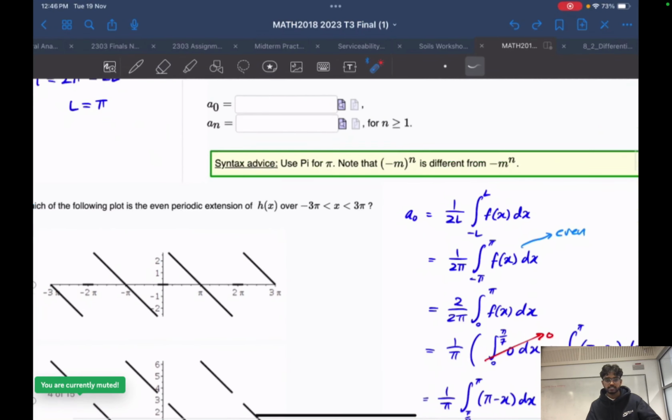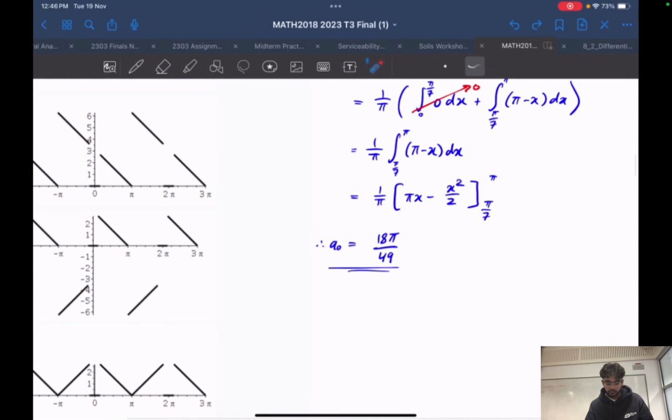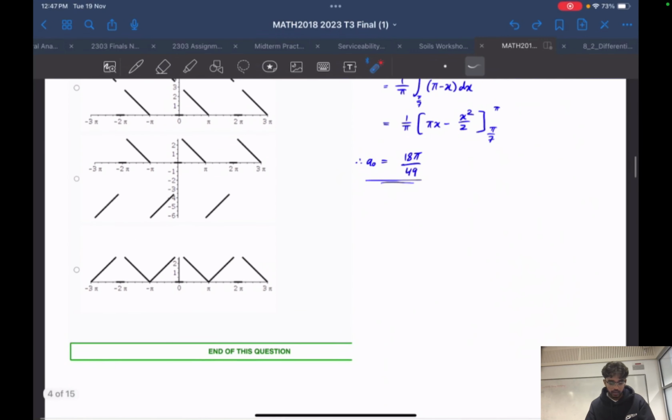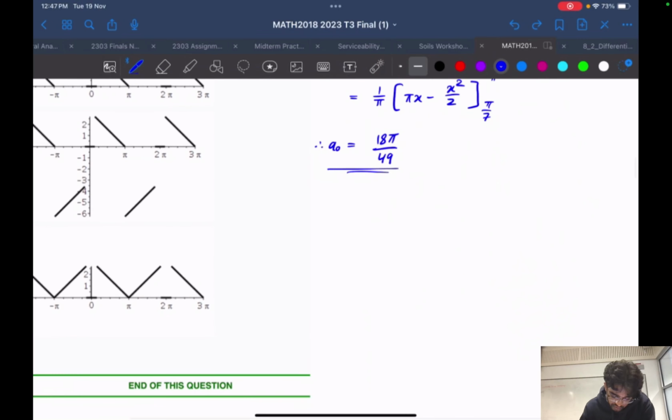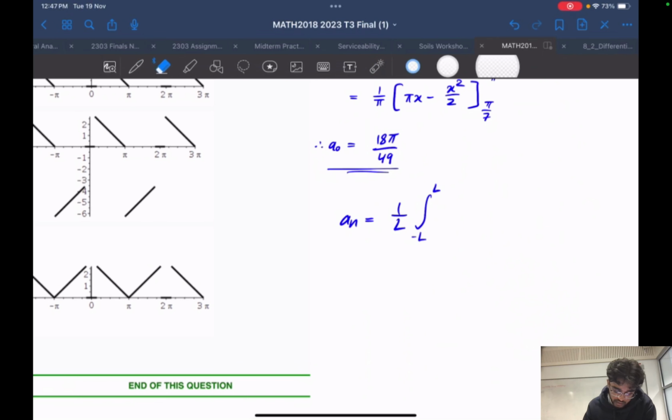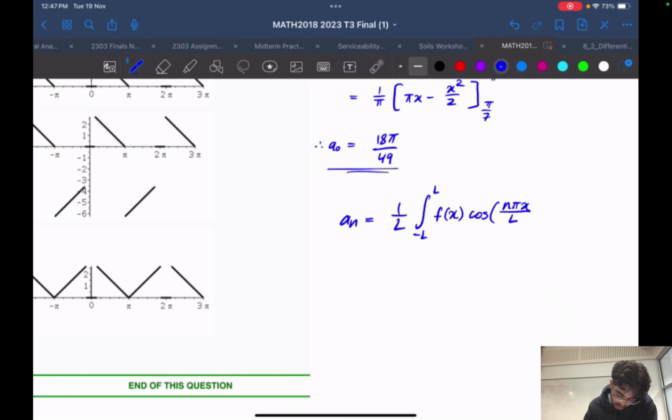Alright, next, an. This is actually really long, but I'll go through the theory behind it. An is equal to 1 over L from minus L to L of f of x times cos n pi x all over L dx. I think this will be on the formula sheet, so you don't really have to memorize it.